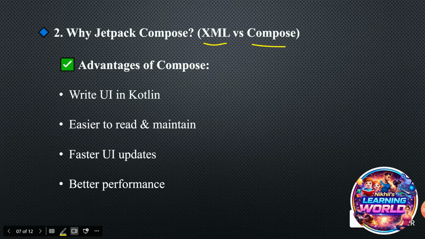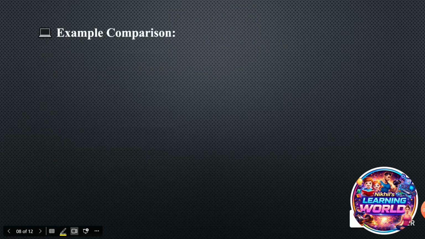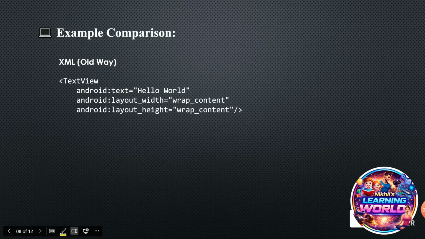But now by using Jetpack Compose, some advantages we can say, like we can write UI in Kotlin, easier to read and maintain, quite faster UI updates, and it's best for better performance as well.